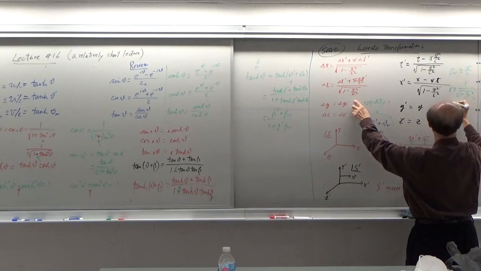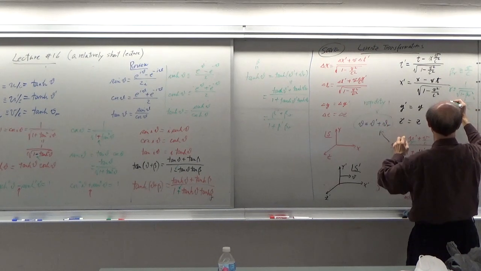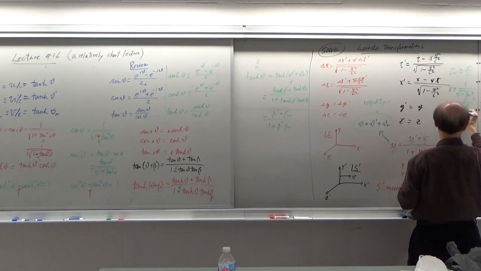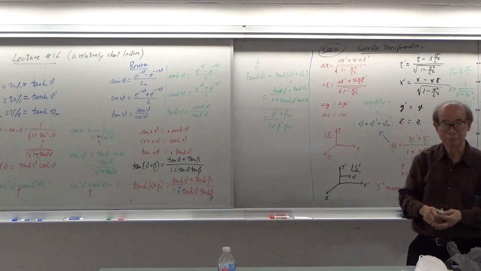Of course, this is 1 over the square root of 1 minus v squared over c squared. So this is gamma. So I will introduce beta sub r as v over c, and gamma is this complicated thing.